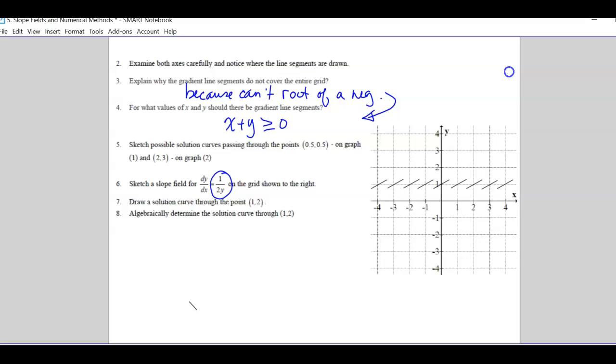Then for when y is 2, that's going to be 1/4. So when I do 1/4, say for example here, up 1 to the right 4, so I'd be going from here to there.